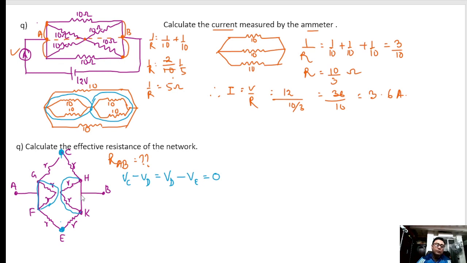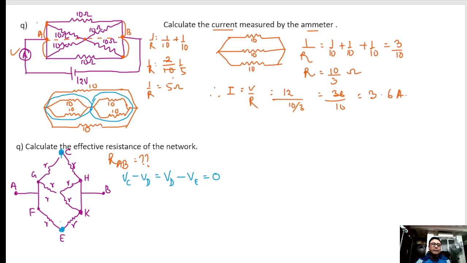So what we can do is we can also connect it like this. So we can also take it like this, or else what we can do another way, because I think this will make it a little bit simpler.